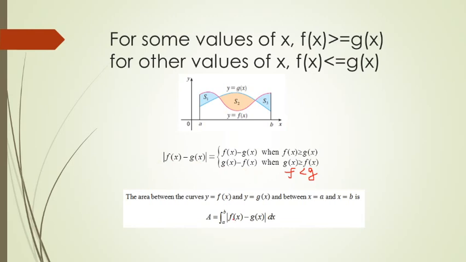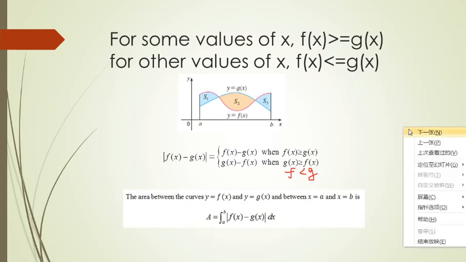That is how we remove the absolute sign. So how can we deal with the area? Here the area of the region between two curves will be S1 plus S2 plus S3. Then we can represent it in this way, with the difference of the two functions, putting in the absolute sign.